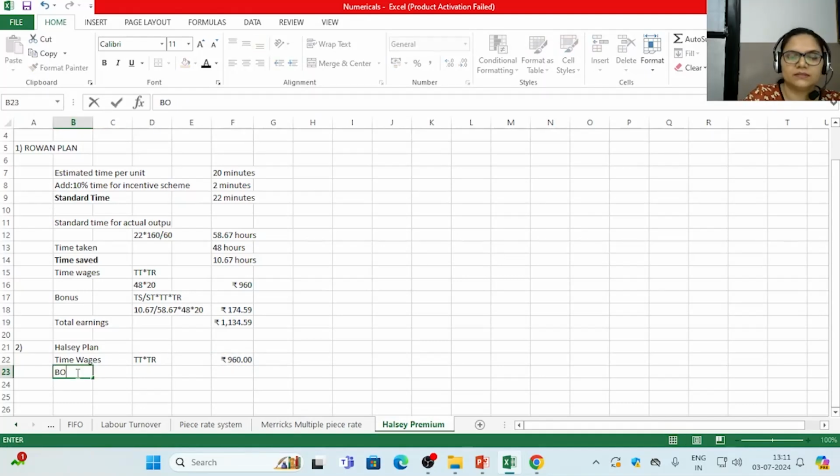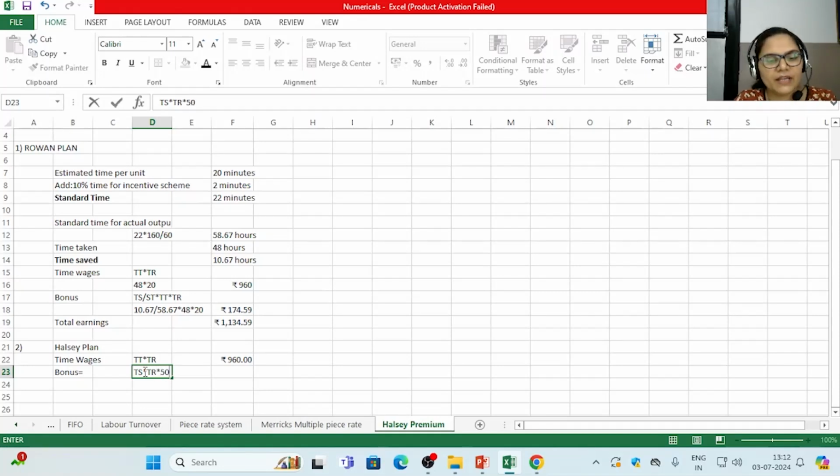Next is bonus, we need to calculate. Bonus is equal to time saved into time rate into 50%.